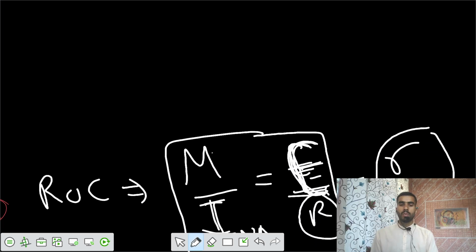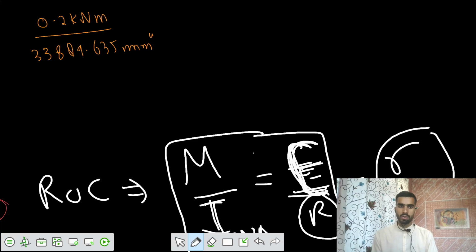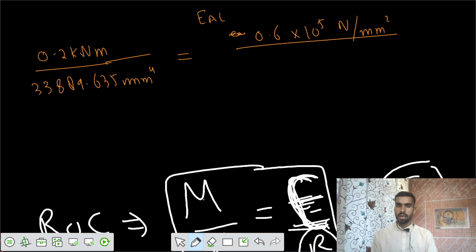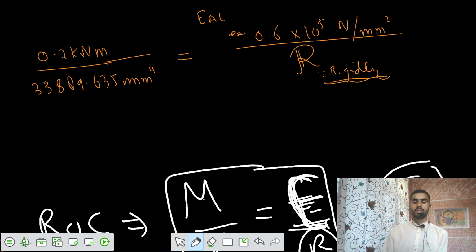So the moment you applied was 0.2 kilonewton meter, divided by I neutral axis, which equals 33889.635 mm^4, equals E aluminum, which is 0.6 × 10^5 newton per mm square, megapascal, divided by the value of R. The value of R is the same because you have rigidly connected members, so you have the same radius of curvature for the two strips.